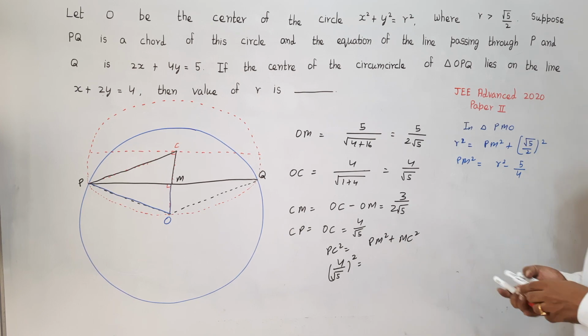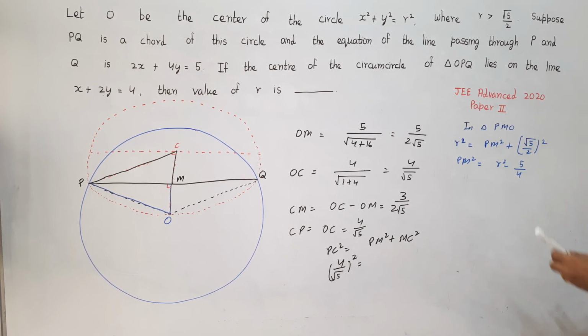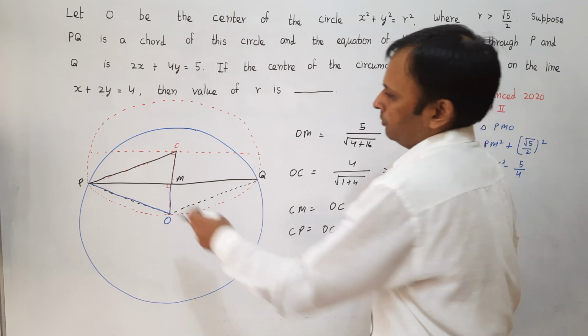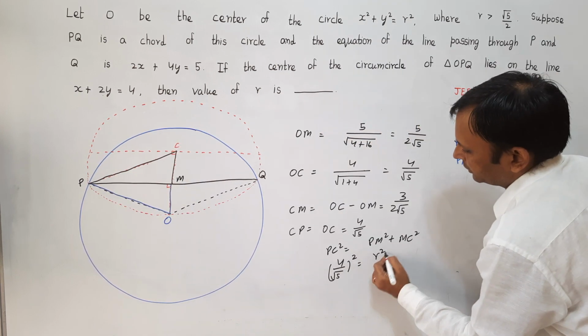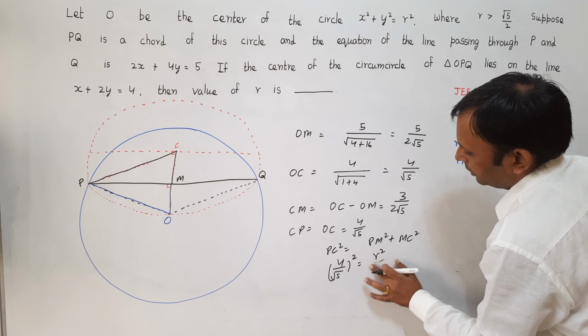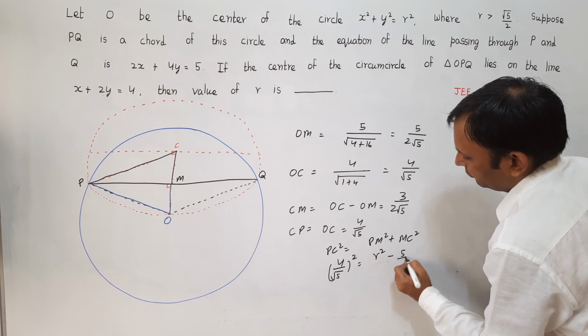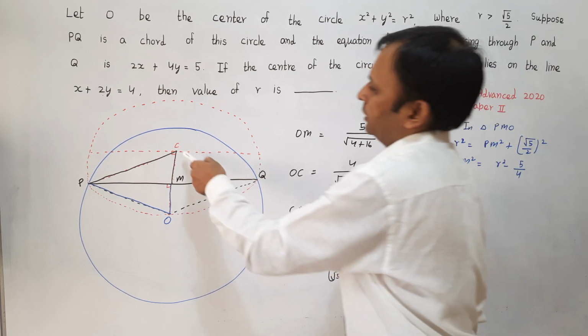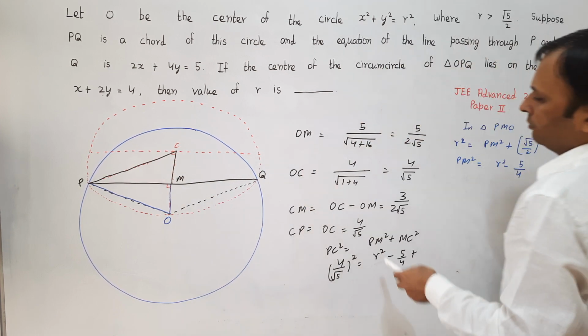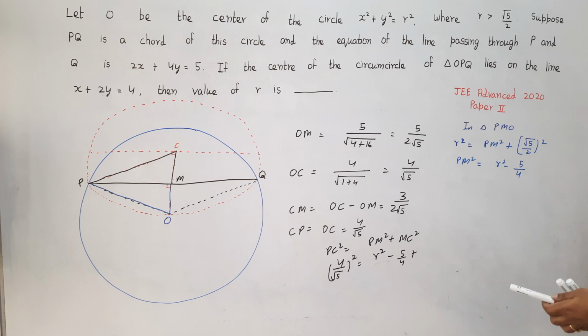So what is the value of PM square? PM square is R square minus 5 by 4. So I will write it as R square minus 5 by 4 plus MC square. Now what is the distance from M to C? That also we have calculated, which is 3 upon 2 root 5.